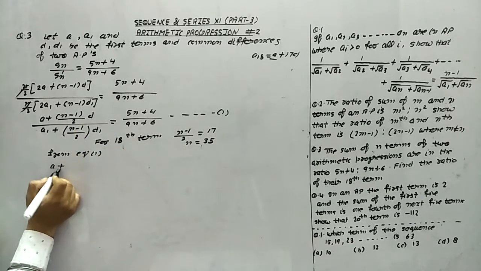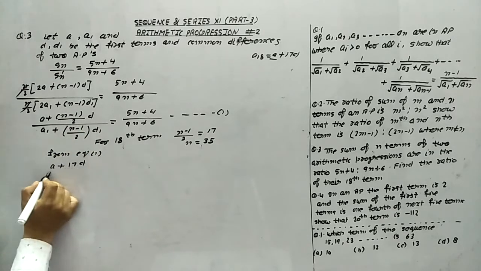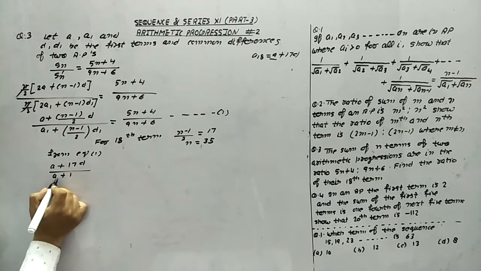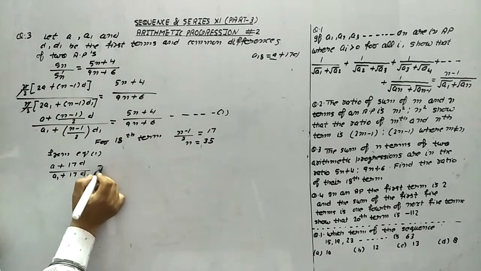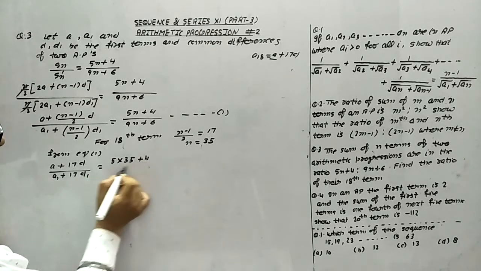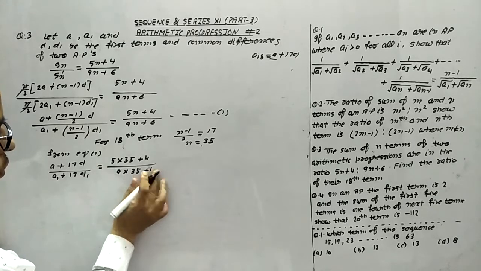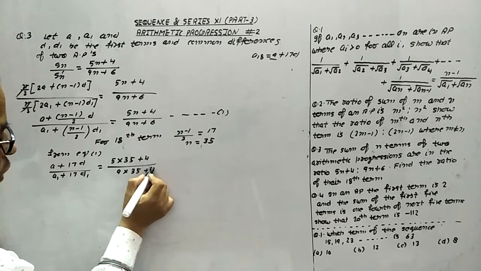So this becomes a plus 34... it means a plus 17d upon a1 plus 17d1 is equal to 5 into 35 plus 4 upon 9 into 35 plus 4.